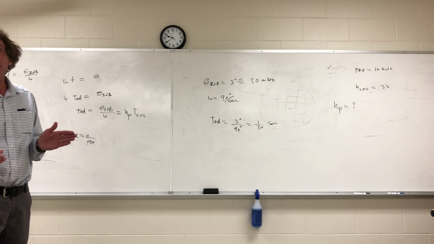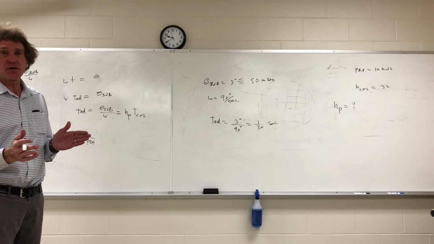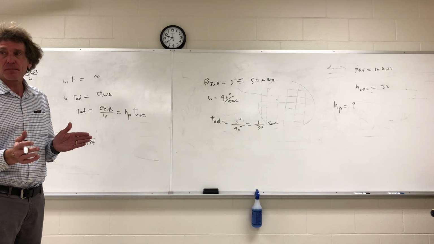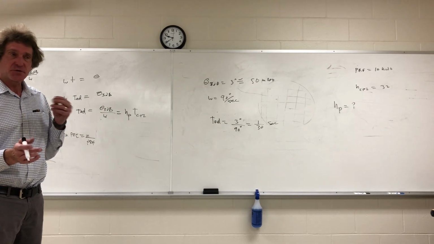Do you all follow me what I'm doing? I'm trying to figure out how many coherent processing intervals are going to be in an antenna dwell. Everybody got that? So this is straightforward.